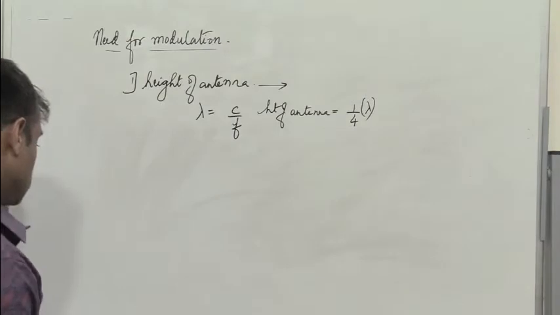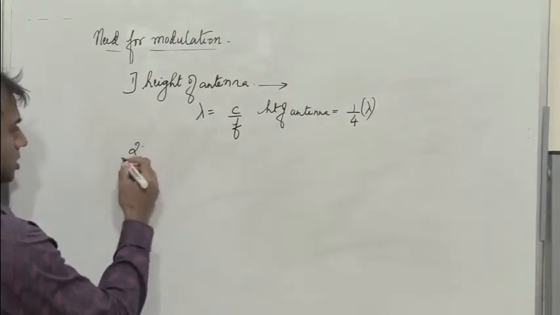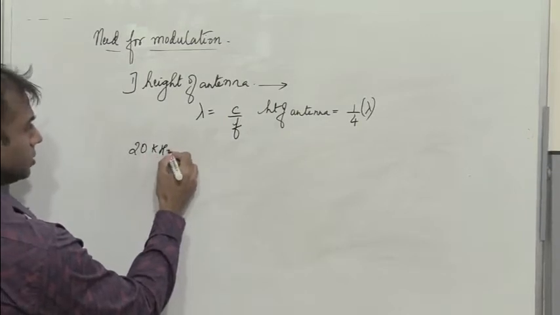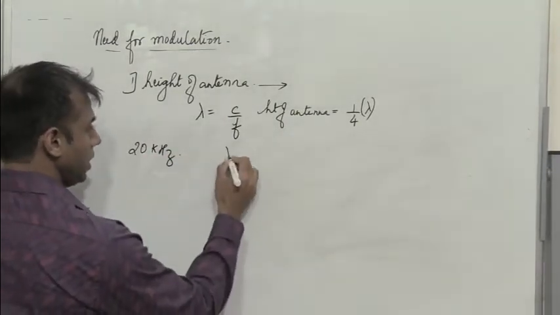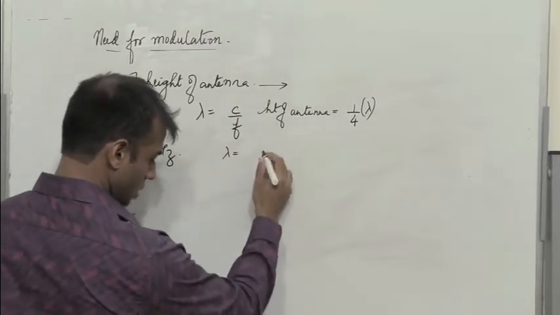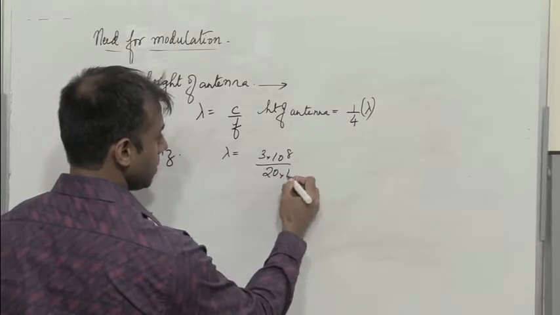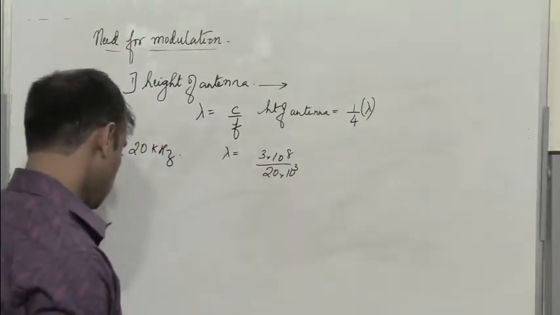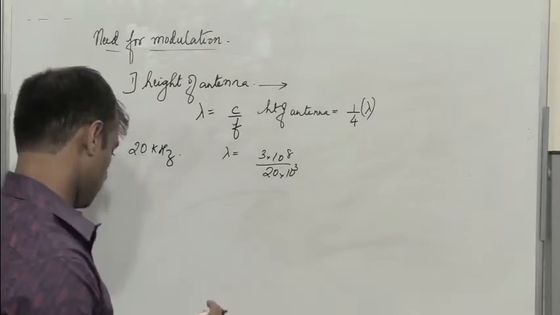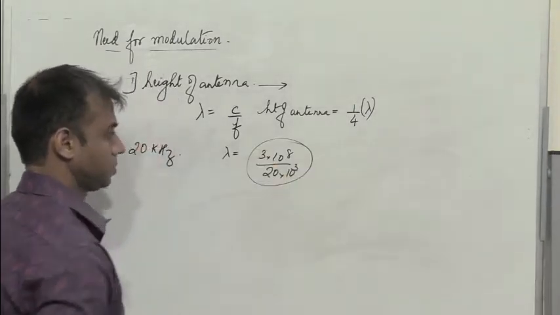Let us consider a case where we are receiving a 20 kilohertz signal. What is the wavelength? The wavelength is nothing but c, which is 3 into 10 power 8, divided by 20k. So this is the wavelength.